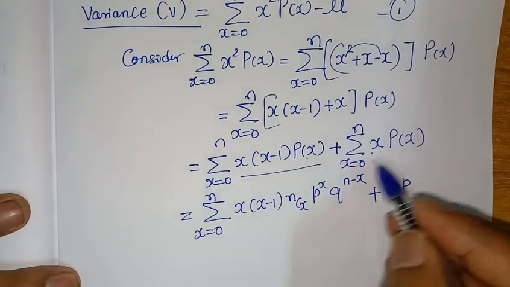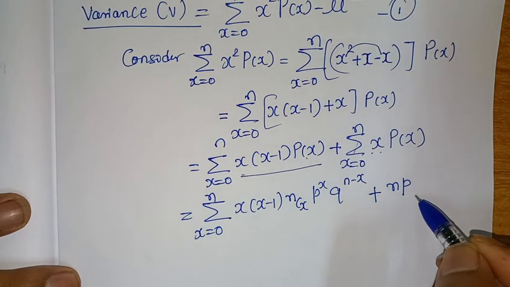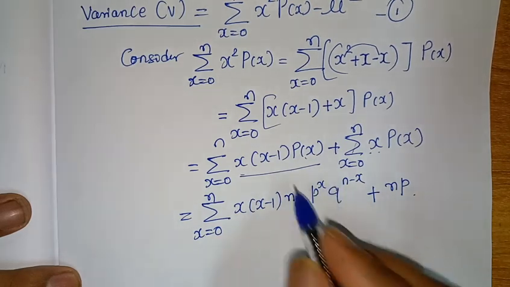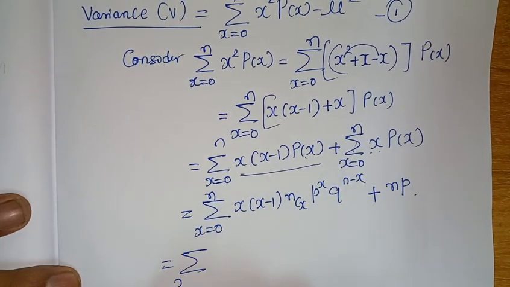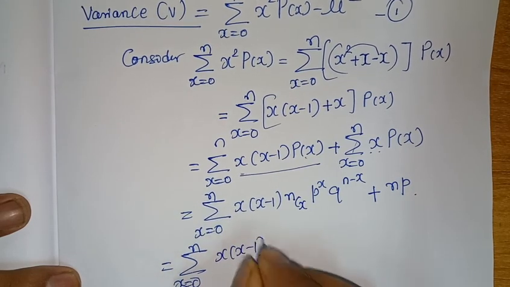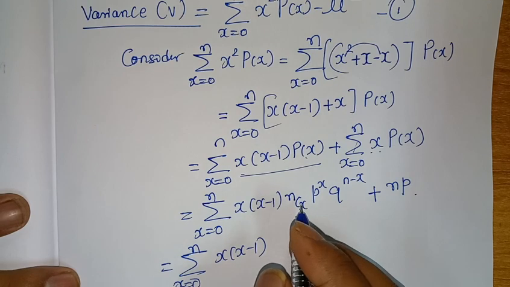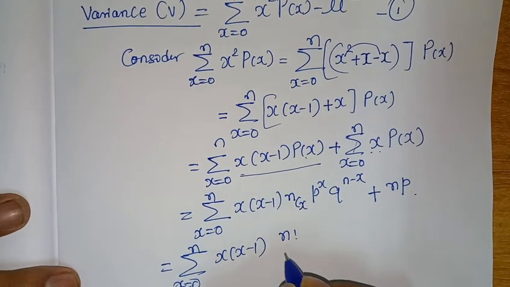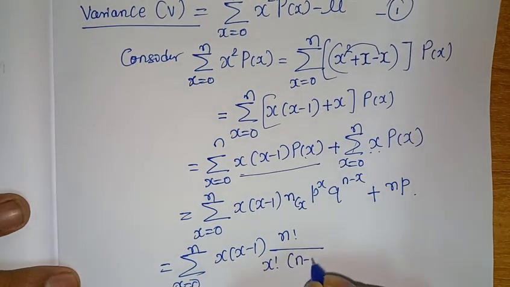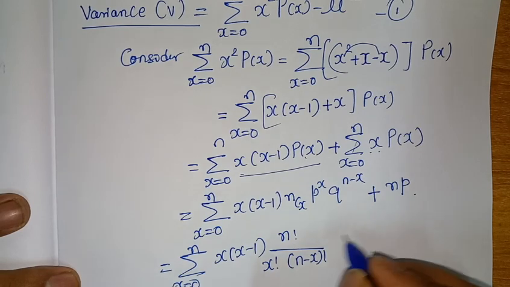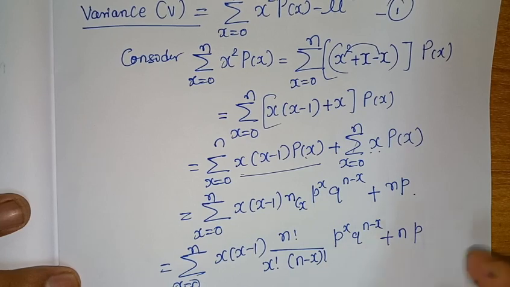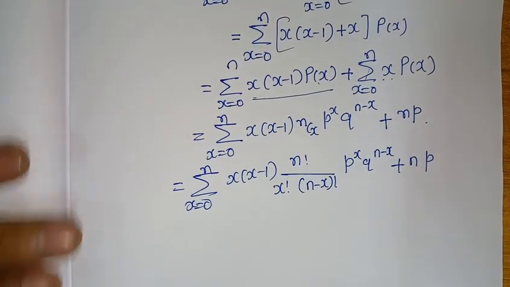So this x p of x under summation is nothing but np. Now we have to simplify this particular part. This is very, very important here. So first, summation x equal to 0 to n, x into x minus 1. The nCr formula we write as n factorial divided by x factorial into n minus x factorial, and p power x q power n minus x, plus np as it is.